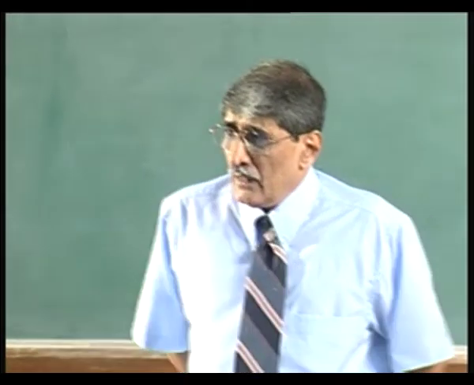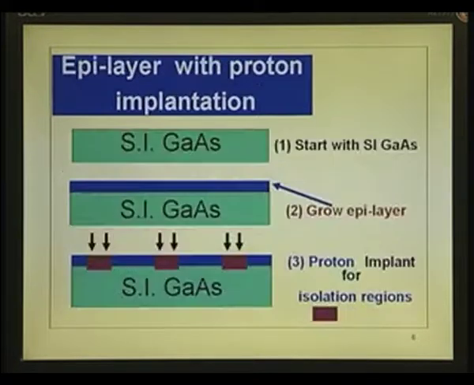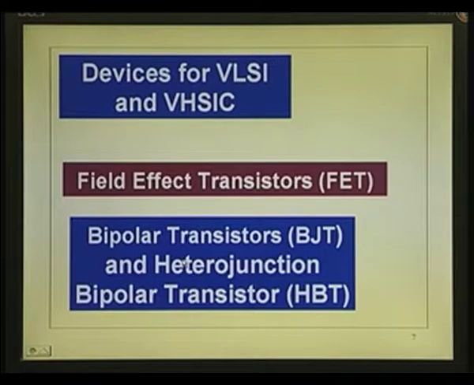Okay. So that means now we know how to make these layers isolated from each other on the semi-insulating substrate on which you can make the devices. What are the devices that you will make on that? If you think of your silicon guy, you will immediately say, okay, MOSFET, field effect transistor, because today the MOS logic is dominating, but it is CMOS logic.